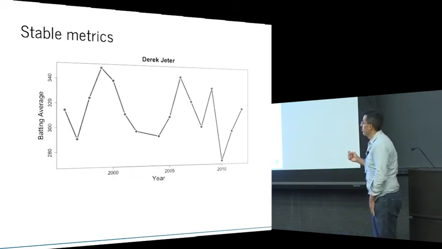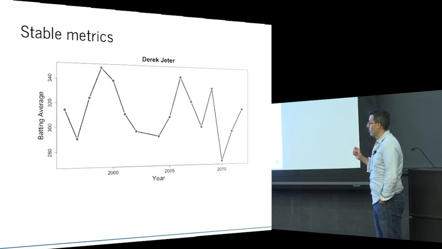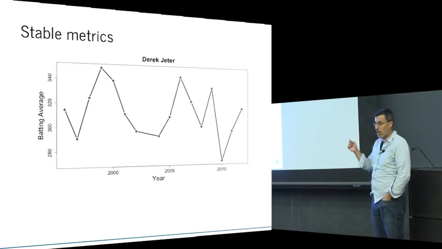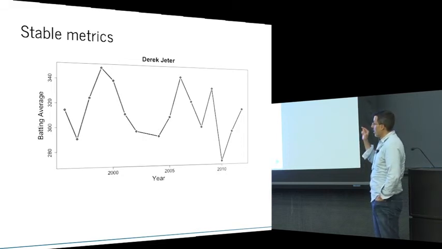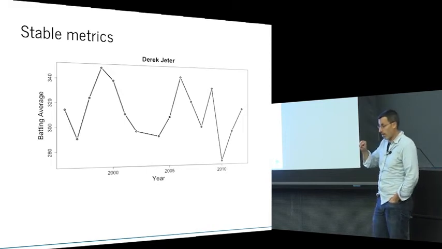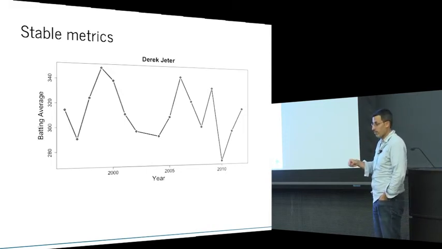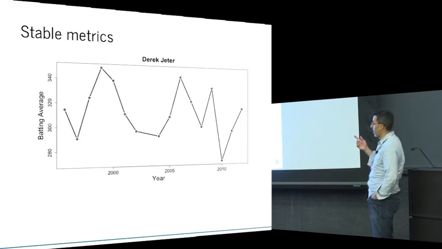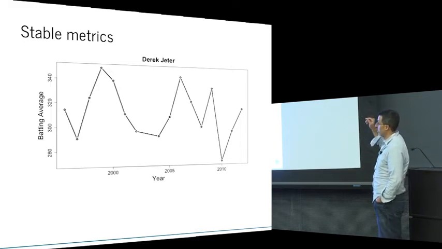Because we're doing this, there's something important that you want to realize, and this also comes up in other machine learning challenges. When we're predicting runs with batting average, we're using a variable that's also random, or can be thought of as random. So batting average, here's Derek Jeter. There's his batting average through the years.